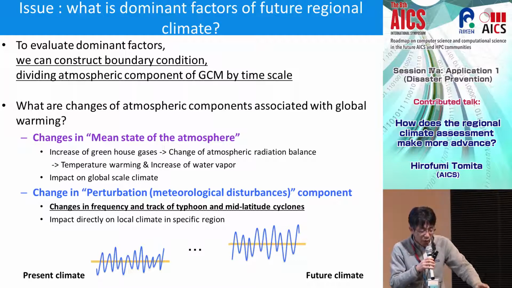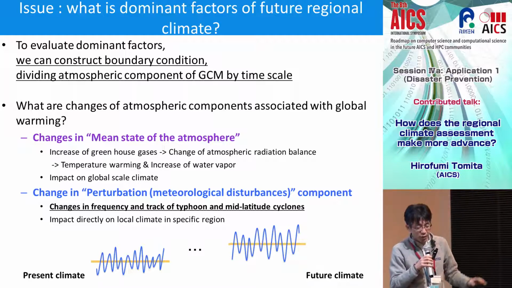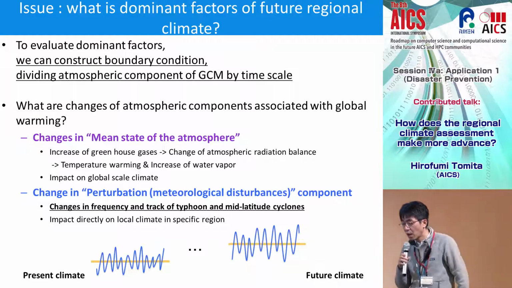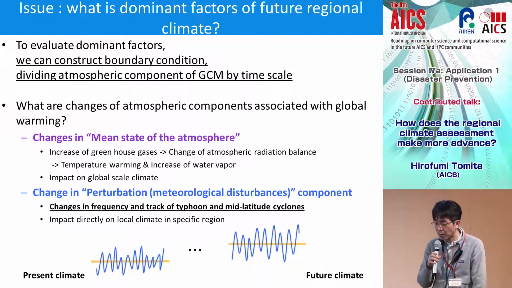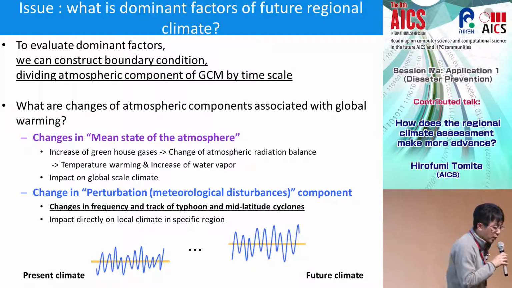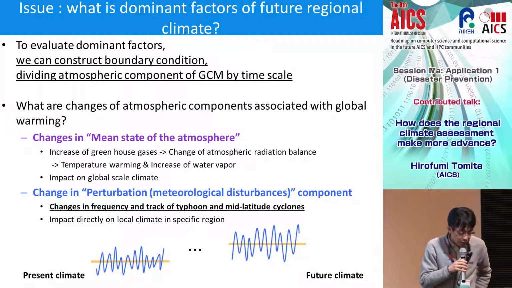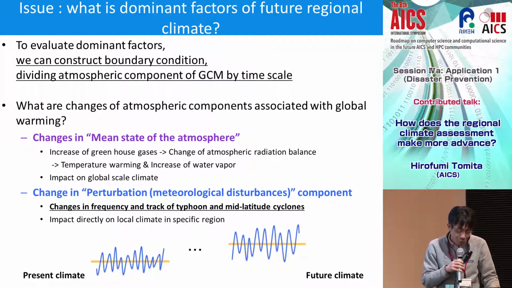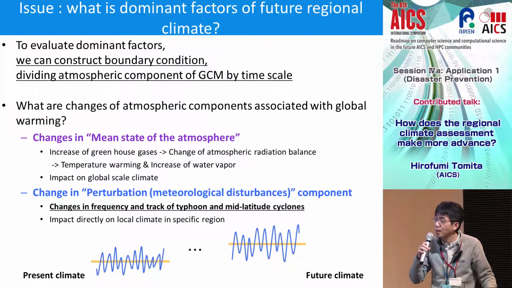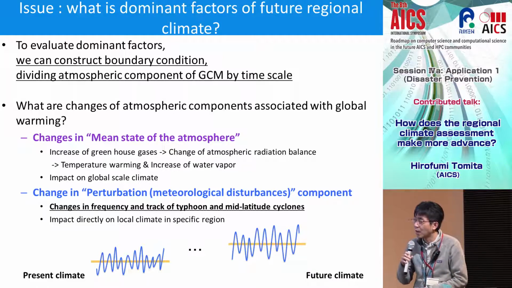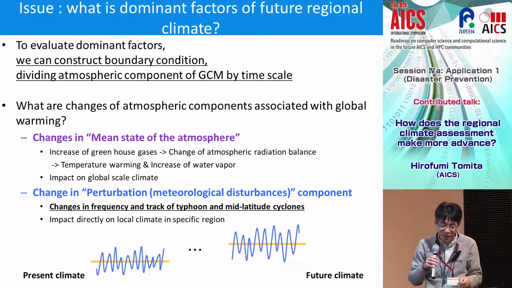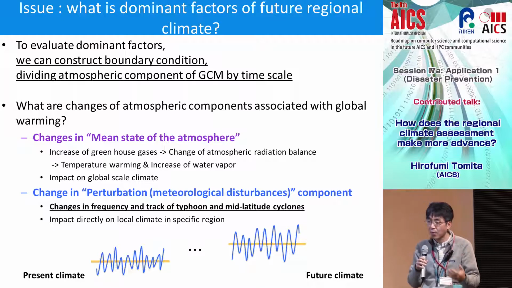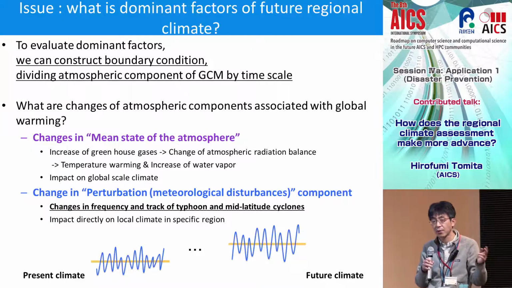And also, the other component is perturbation. Perturbation is defined as the fluctuation from the mean state. So for example, we can imagine a change in frequency and the track of a typhoon or mid-latitude cyclone, something like that.